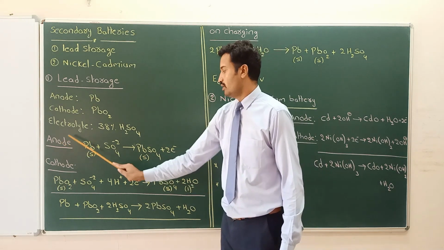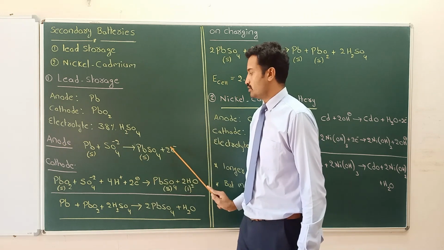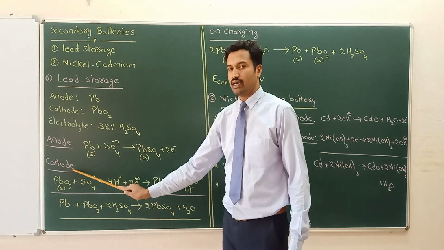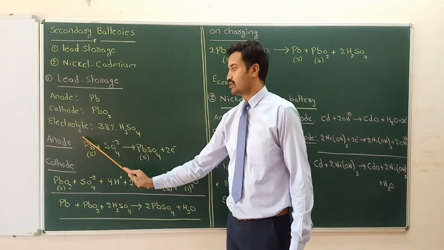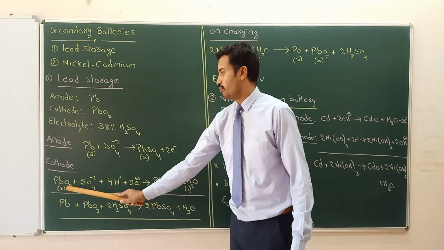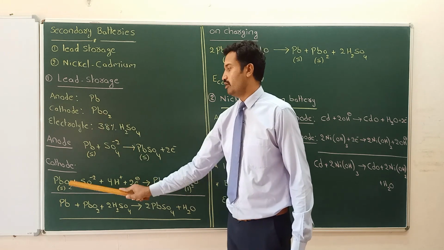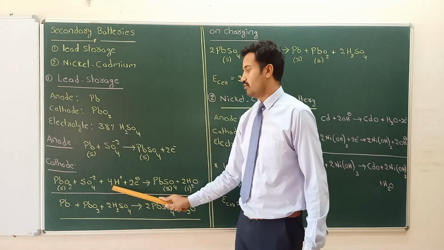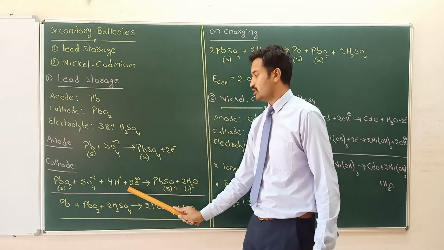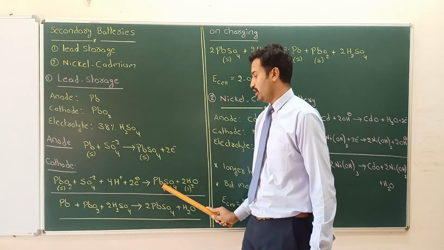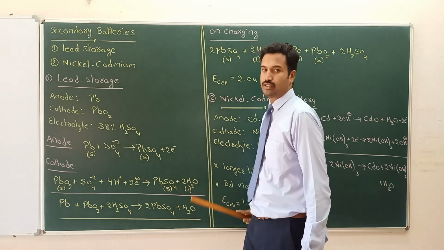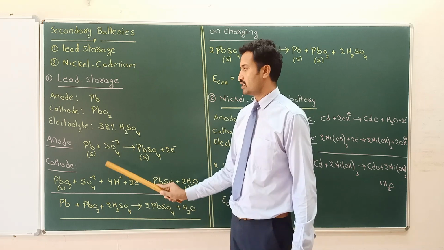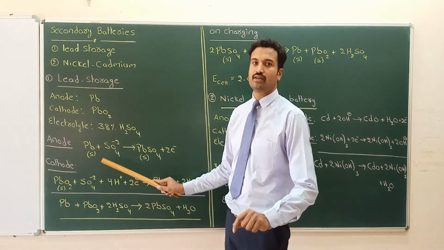These 2 electrons are gained at the cathode, so the cathode reaction is reduction. Cathode: PbO2 plus SO4 2- from electrolyte plus 4H+, gaining these 2 electrons, gives PbSO4 plus 2H2O. Oxidation and reduction are there, so it is a redox reaction.